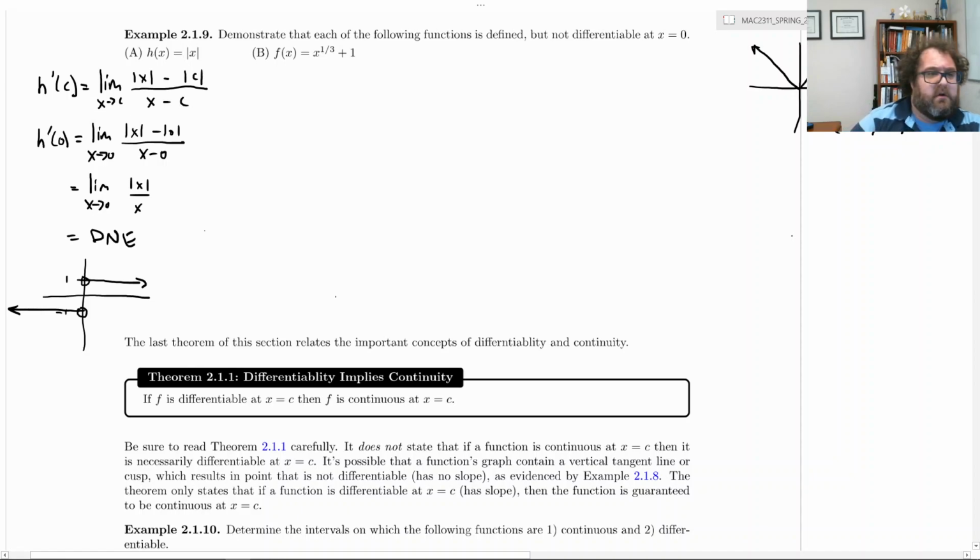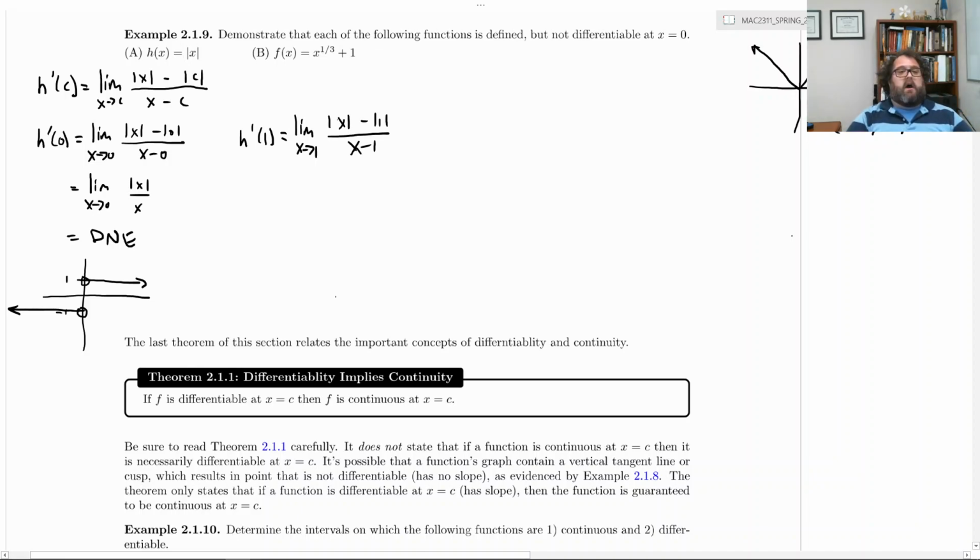Here, let's just try one out. Let's see, h prime of, let's say, 1. So instead of 0, let's do 1. So h prime of 1, instead of plugging a 0 in, we're going to do the limit as x approaches 1 of absolute value of x minus absolute value of 1 over x minus 1.